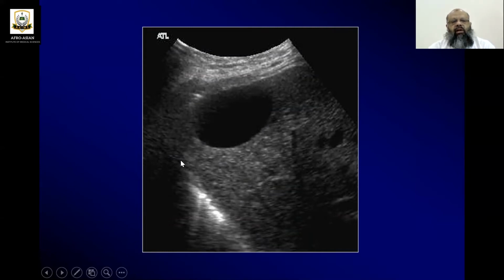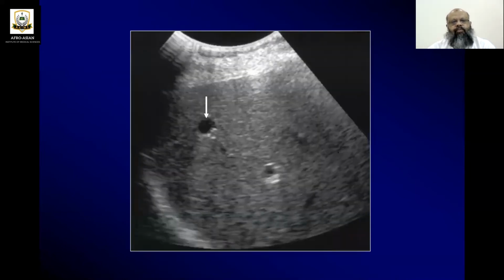We are not getting the edge shadowing because it is not at right angle. So if we move the transducer at 90 degrees to this lesion, it will give that specific 5 criteria. So if you have a suspicion that there is a cyst, try to bring it at the center of your transducer so that the focal areas are appropriate.